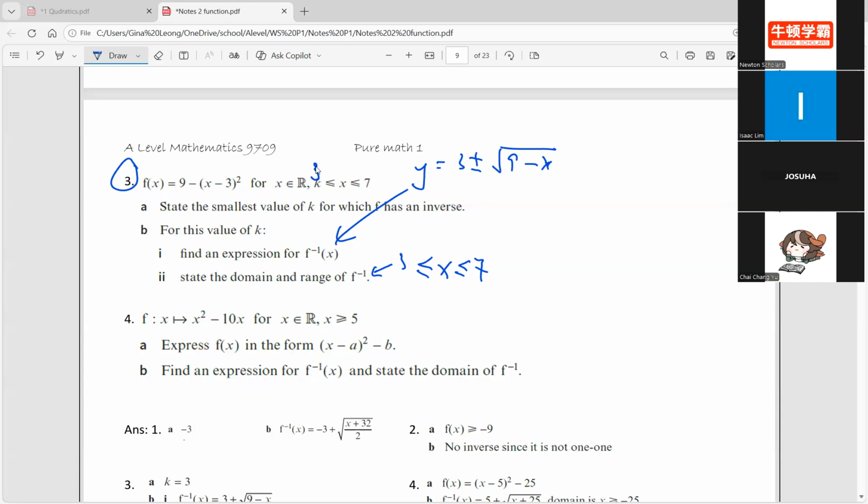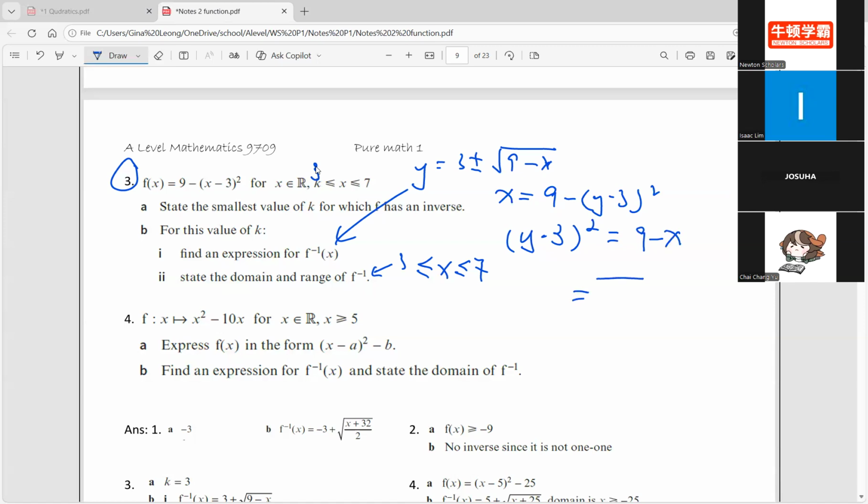Okay, I redo. x equal to 9 minus... this is y. y minus 3 squared. So you move here. So y minus 3 squared equal to 9 minus x.